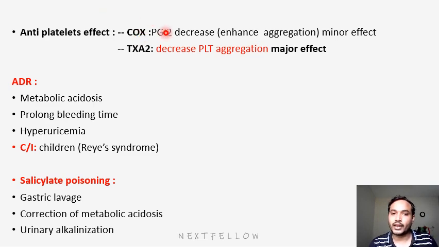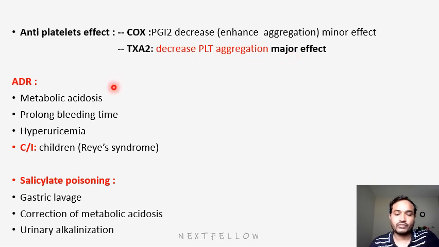That's why the prostaglandin I2 effect will be less, a minor effect, because aspirin produces more action on platelets in the liver itself. That's why there is decreased platelet aggregation, which is the major effect. That's the major difference.